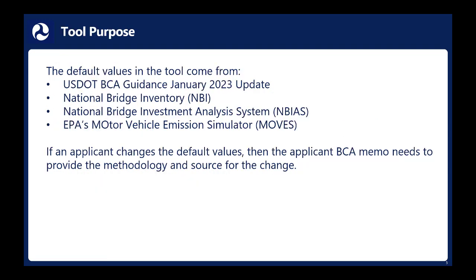The default values in the tool come from the US DOT BCA Guidance January 2023 update, the National Bridge Inventory, the National Bridge Investment Analysis System, and EPA's Motor Vehicle Emissions Simulator. If an applicant changes the default values, then the applicant's BCA memo needs to provide the methodology and source for the change.